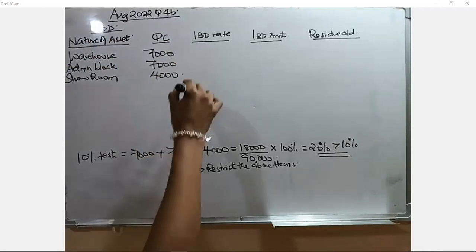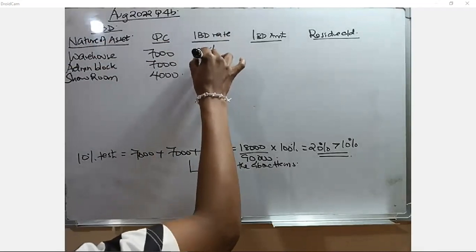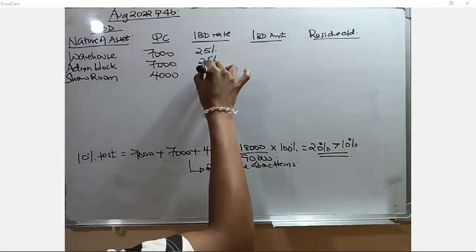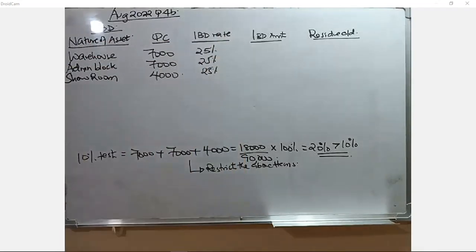The IBD rate here, we said, is 25%, a quarter. So what is the IBD amount?